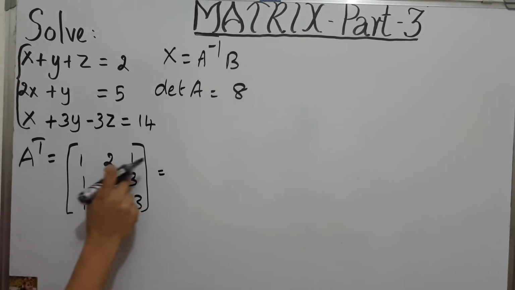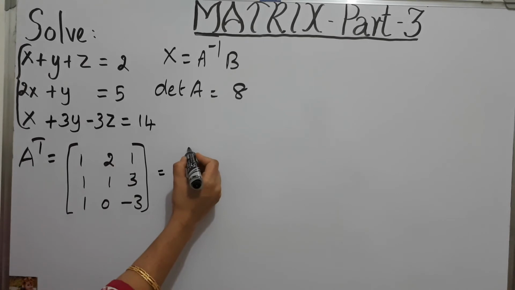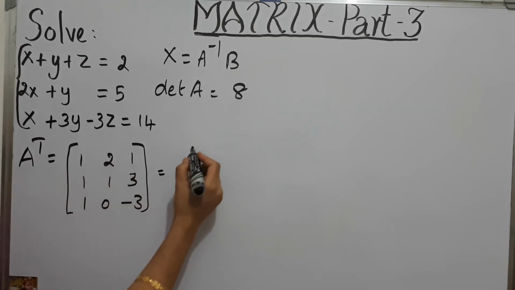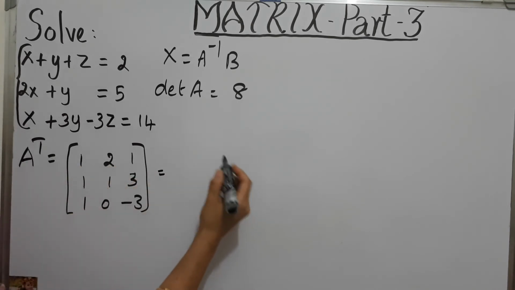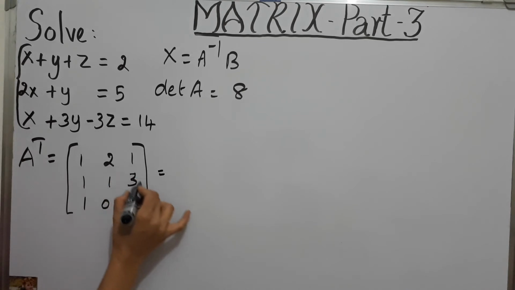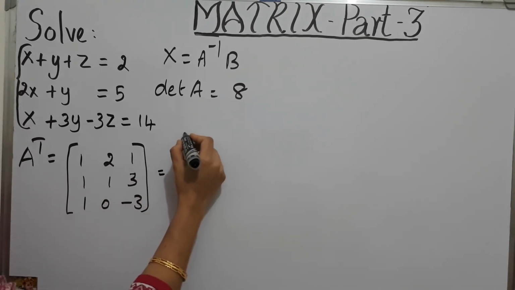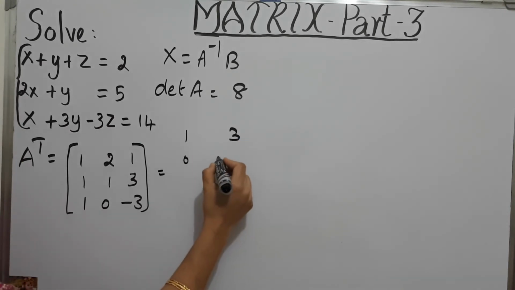When you are writing the first element, you have to ignore the first row and first column, so you have only these 4 elements, and I can write it as a determinant: 1, 3, 0, minus 3.